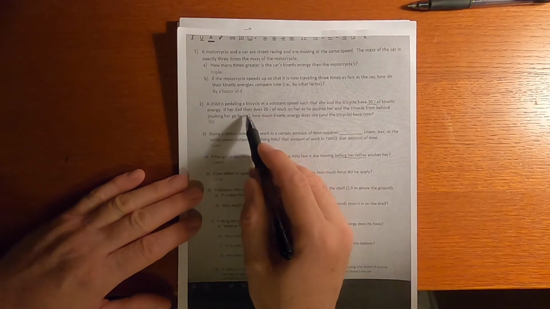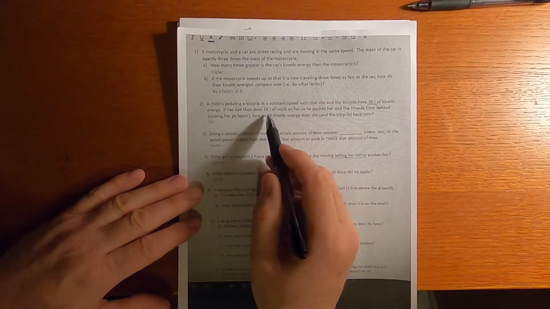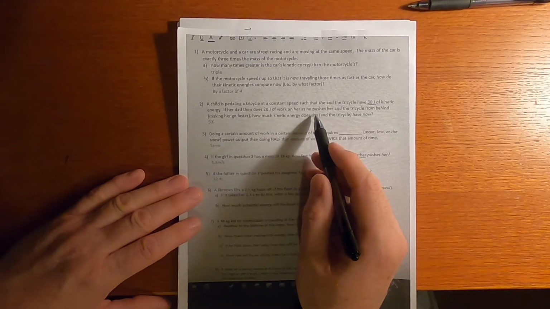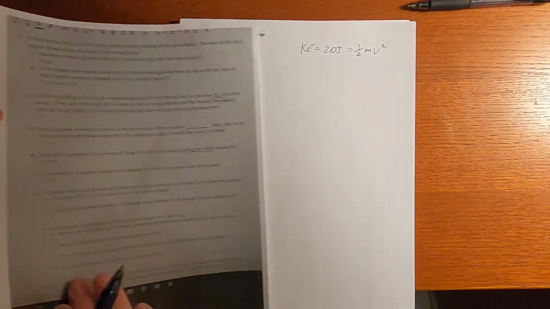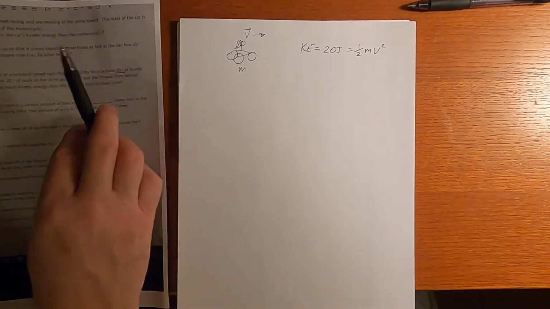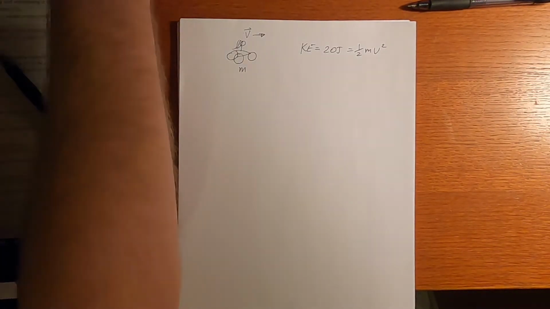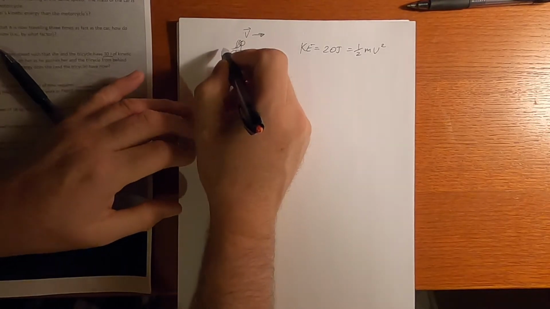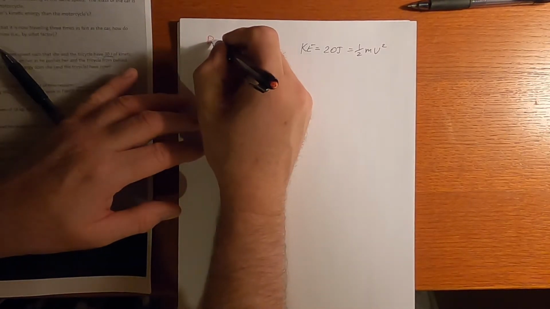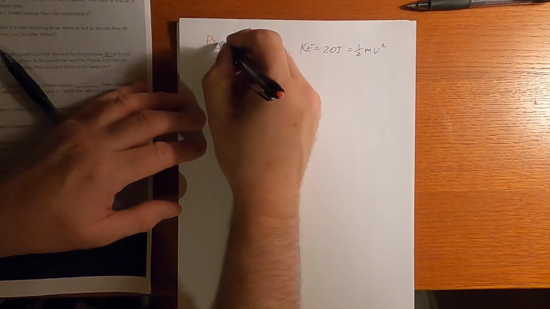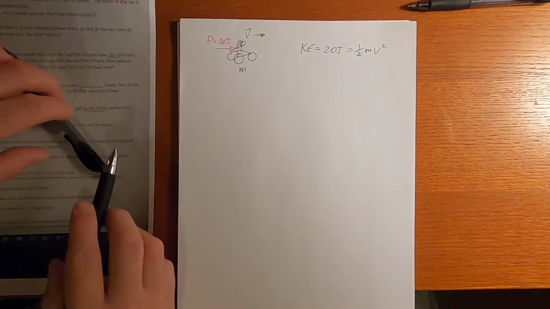Now her dad jumps in and does 20 joules of work on her as he pushes her and the tricycle from behind, making her go faster. So let's see if we can add in the dad somehow. The dad comes in and gives a push, and that push is equal to 20 joules of work.